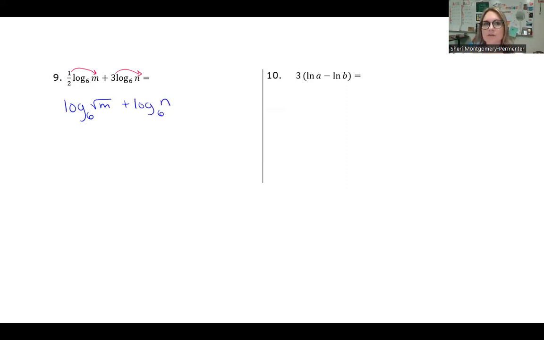Now I can put them together. If I'm adding, how are they going to be put together? By multiplying. Yep. That's it. There we go.